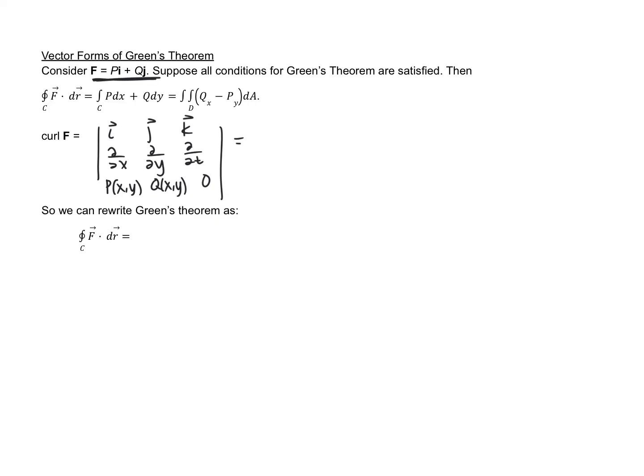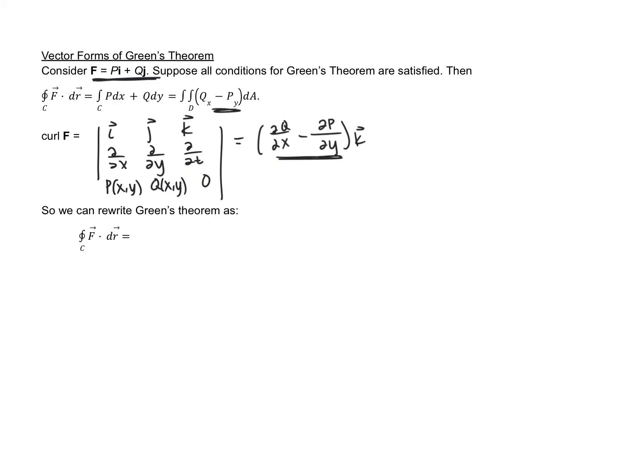For the first component, we're going to get 0 subtract 0. For the second component, we're going to get 0 subtract 0. So all we end up with is the partial of Q with respect to x, subtract the partial of P with respect to y, times the k component.